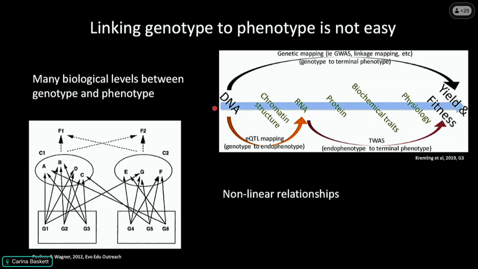There are many different models describing this. I'm not an expert on these models, but it's often not very linear. It's not very easy to say, okay, we have this DNA sequence, so we will have this RNA sequence. There are complications in translating from one step to the next. And of course, there can be influence of all sorts of environmental factors.